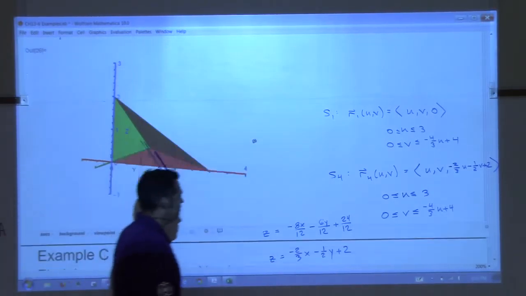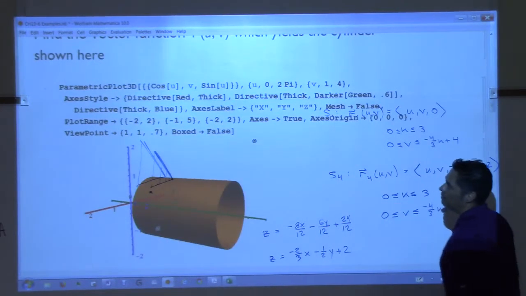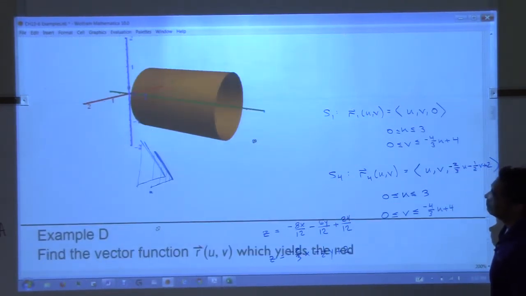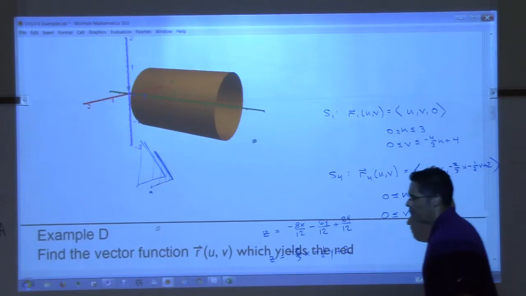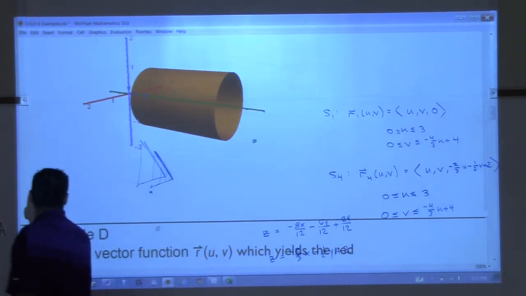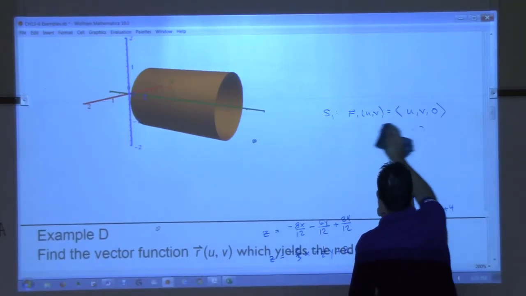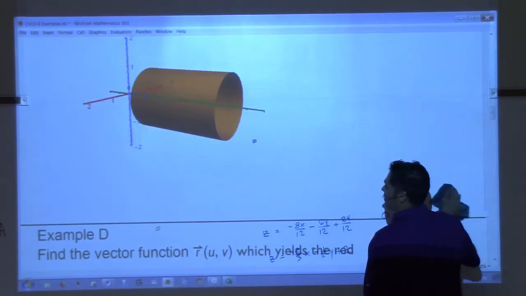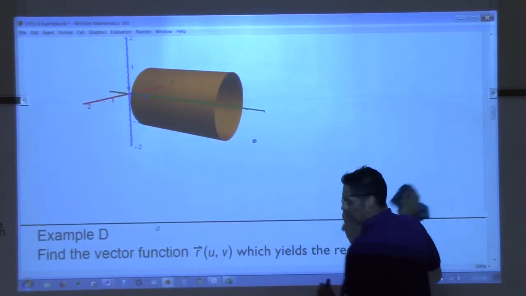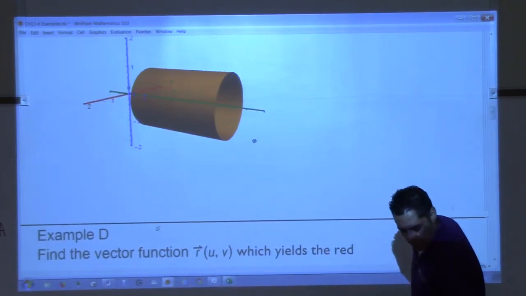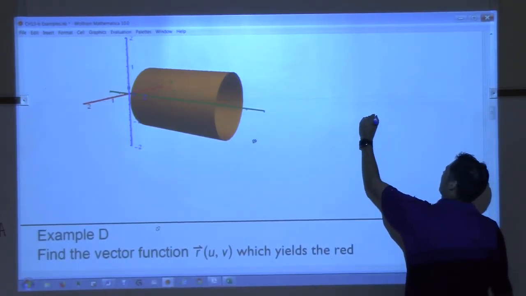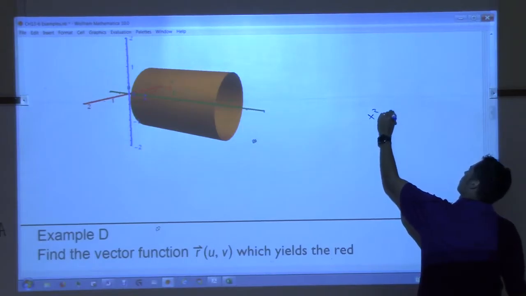All right. Moving on to the next one. So I think I wrote something down here for you, didn't I? I gave you the picture and then I said what? X squared plus z squared equals 1.